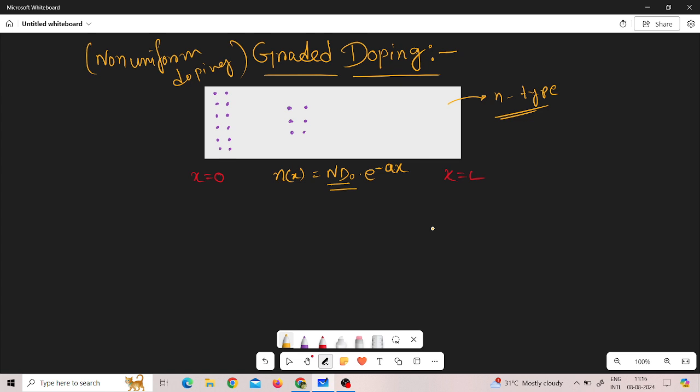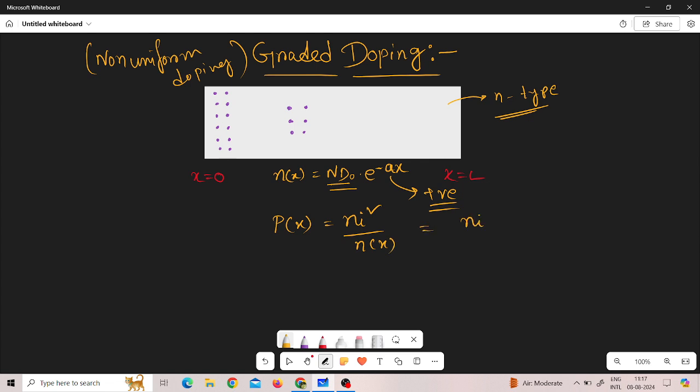So here electron is the majority carrier, whose concentration is given as nd0 e to the power minus ax, where a is a positive constant. Now from this we can calculate p(x). From the mass action law, p(x) is ni square by n(x).